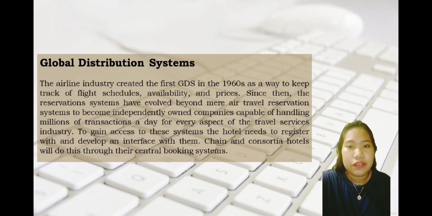GDS is different from a computer reservation system, which is a reservation system used by the service providers, also known as vendors. Primary customers of GDS are travel agents, both online and office-based, who make reservations on various reservation systems run by the vendors. GDS holds no inventory.